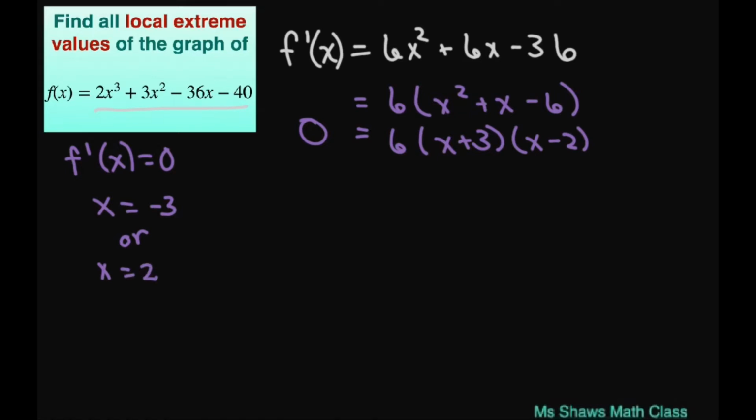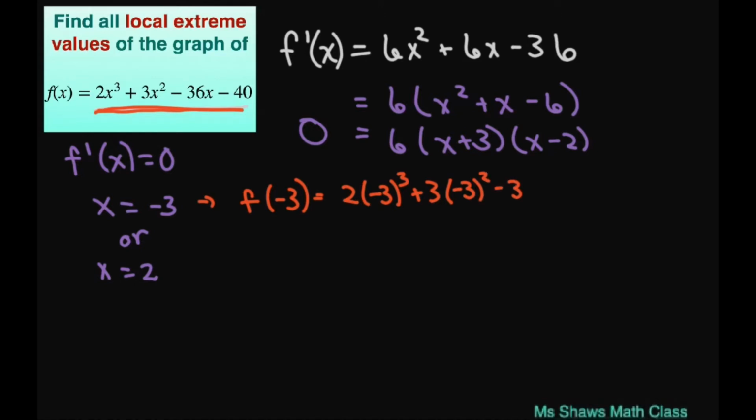So what you want to do is find your y value. That's going to give your max or min values. At negative 3, we're going to look at f of negative 3. That's going to be 2 times negative 3 cubed plus 3 times negative 3 squared minus 36 times negative 3 minus 40, and that's going to equal 41.